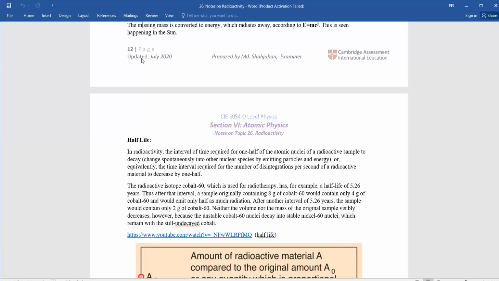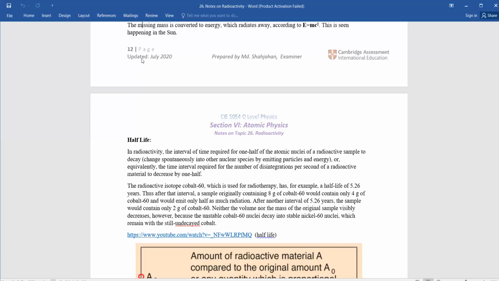Because of this radioactivity, its nucleus will break down automatically. It will convert to other elements when it breaks down. Is it clear?